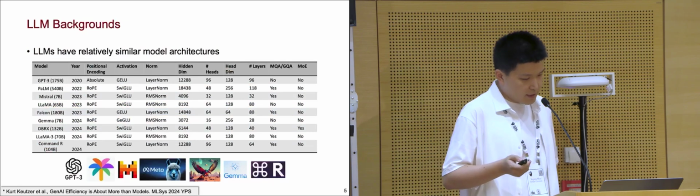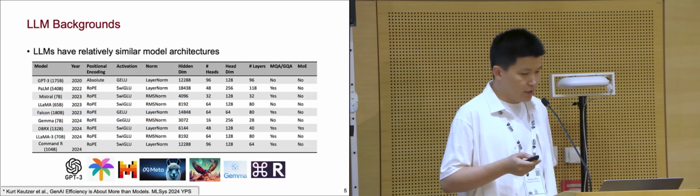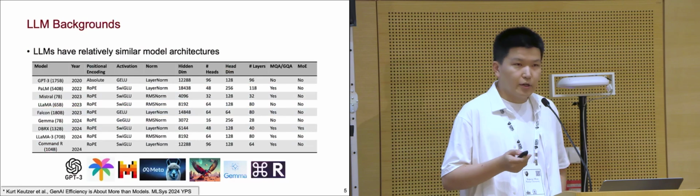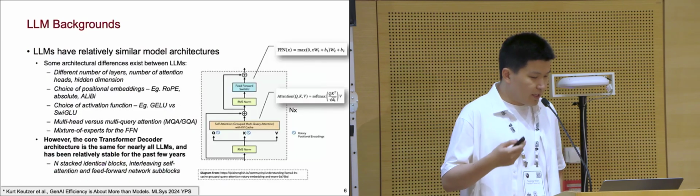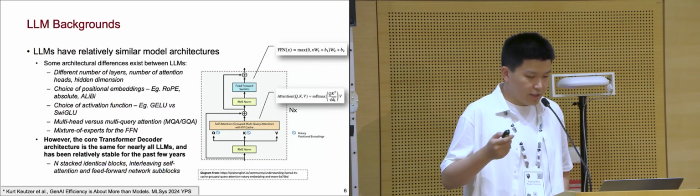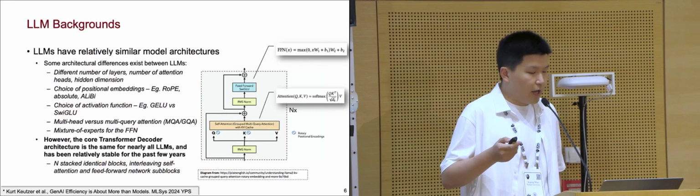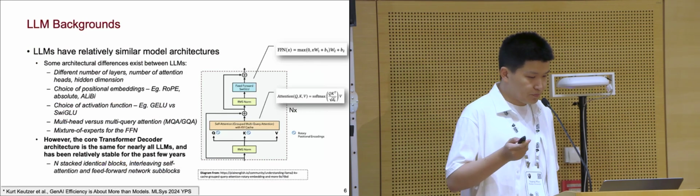This table summarizes some latest language models and their model structure details. But if you look at them, we can find that all these models are sharing similar model architectures with only some minor changes of the architecture configurations.